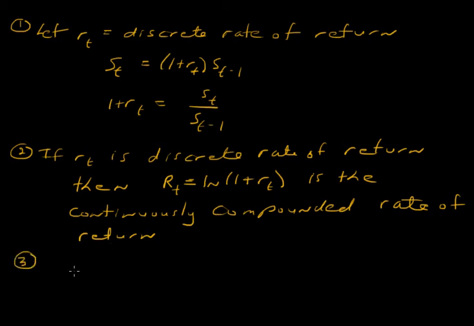Three. The Black-Scholes model assumes that R is normal. So if we set R to the log of 1 plus R_T, we're going to say that R is normal.